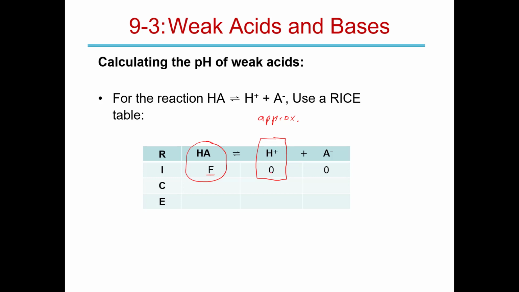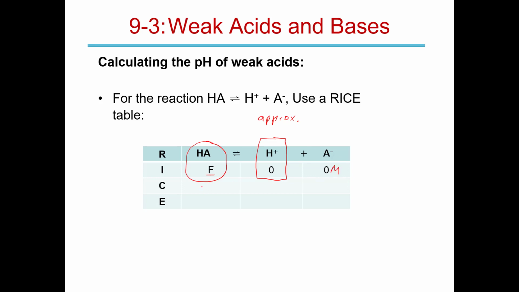Now we can't just use 10 to the minus 7th molar here, because that's what it would be in pure water, and we're not in pure water. The H plus ion concentration is going to be different than that because of the weak acid here. So things are going to be messed up a little bit. So this is an approximation. But before any of this is dissociated, we do have 0 moles per liter of A minus.